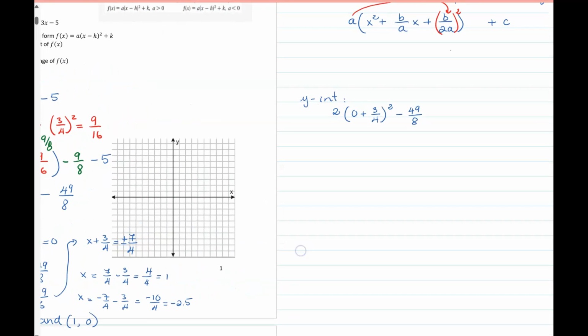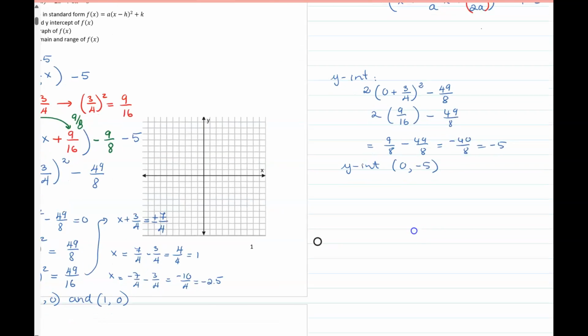And what do we get? So 2 times 9/16 minus 49/8. This is 9/8, excuse me, 49/8 here. So the y-intercept is the point 0, negative 5.